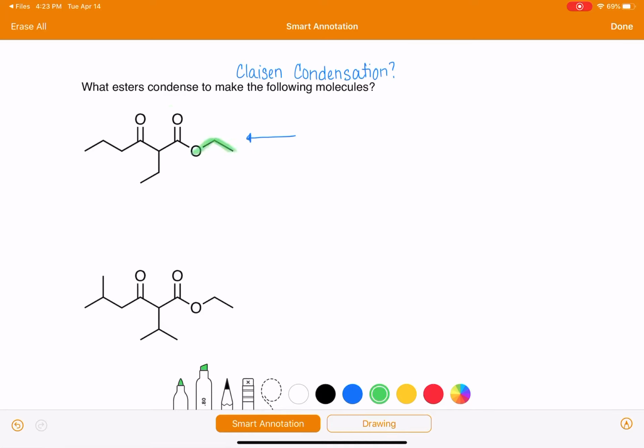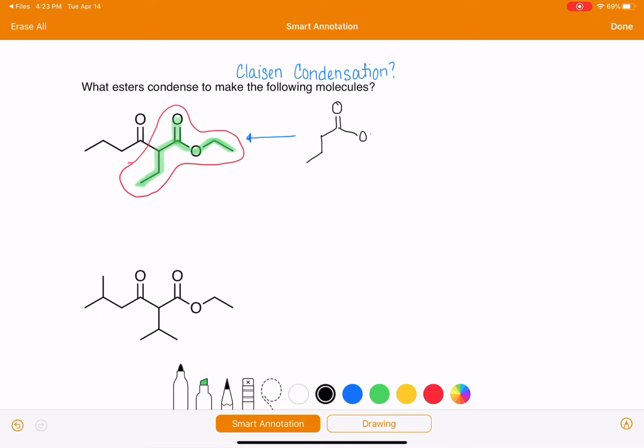We only want one carbonyl group in our final product. So what we get is something that looks like this, and that, what we highlighted, is one of the esters that is used to make this product.